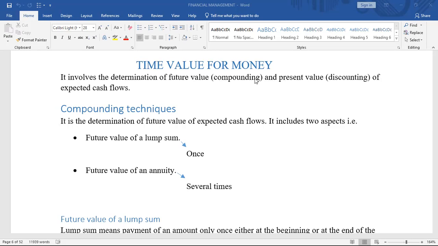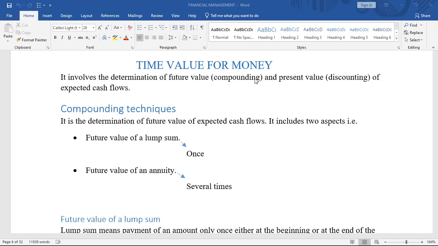We'll find the same concepts when we look at the investment aspect, because when we discuss the time value of money we discuss investments, which in most cases touch individuals and also organizations.